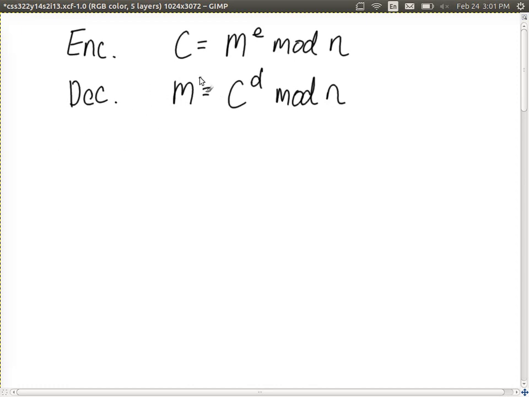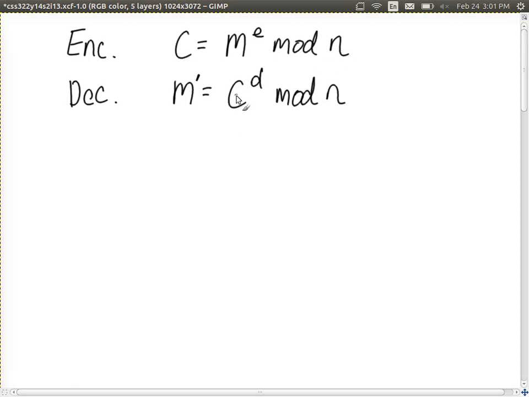And I'll denote the m that we get here first as m prime. The RSA algorithm tells us that we take some original message m and raise it to the power of e, mod by n, and we get c.